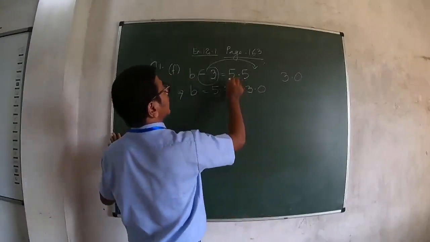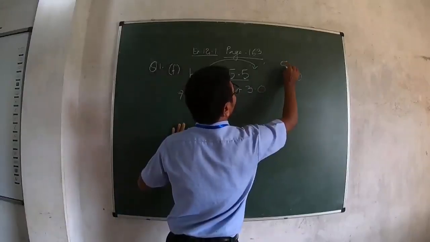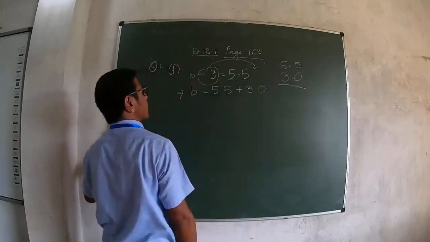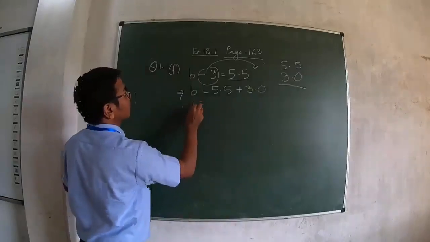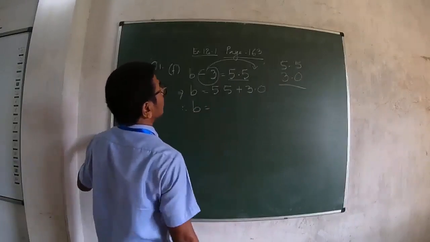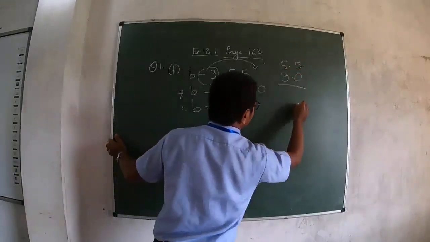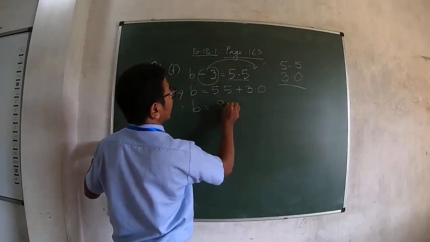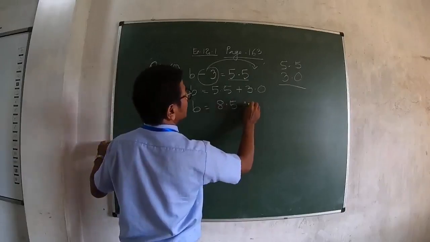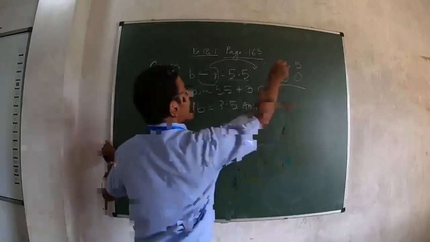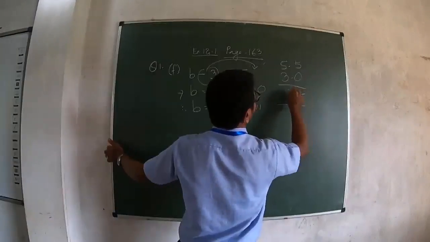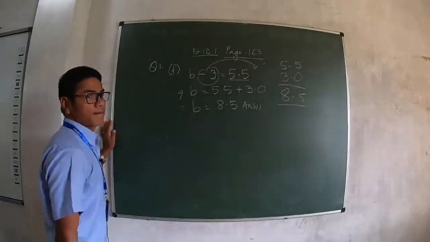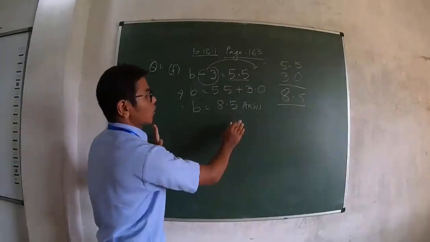Since the right hand side is 5.5, you also insert 3.0. Thereby, you sum up, you plus it, and you will see it becomes 8.5. This is a simple addition. You plus here also, you will see that it becomes 8.5. Right? So, this is addition.